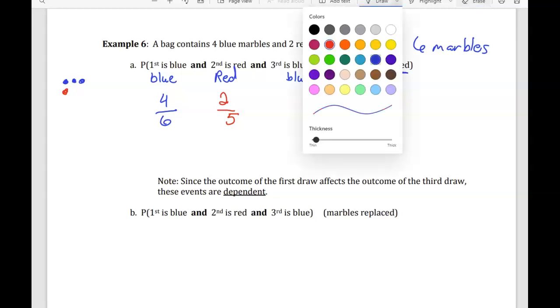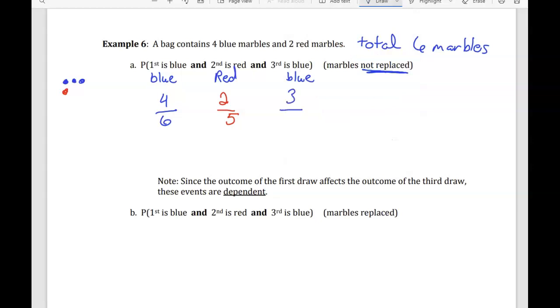For the third one to be blue, I now have 3, and now I only have 4 left. And since I want and, I'm going to multiply all of these. And so I will multiply, and I will get 24 out of 120, which simplifies to 1/5.